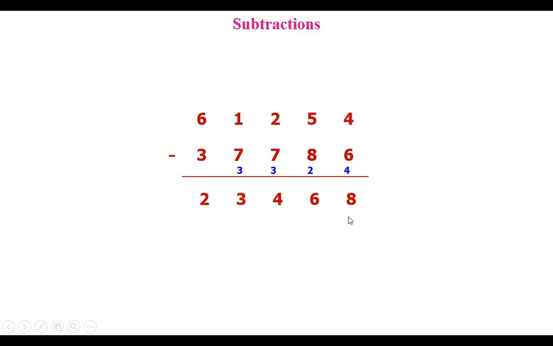So we have converted the subtraction into a very simple addition. That's why we can easily do this. We need not write all these complements here. Just keep them in mind and do it. Okay? Now, let us take another example.